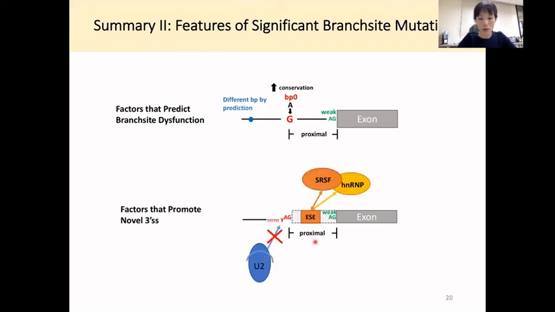And it has exonic splicing enhancer features that attract the SR or snRNP enhancing proteins, or it has a high GC content, which is also a feature of exons. It promotes the usage of the novel AG.